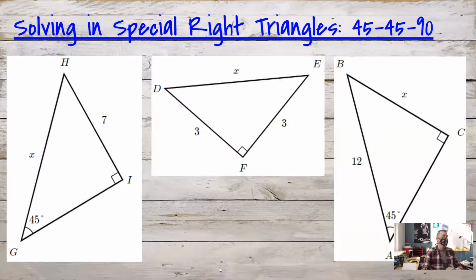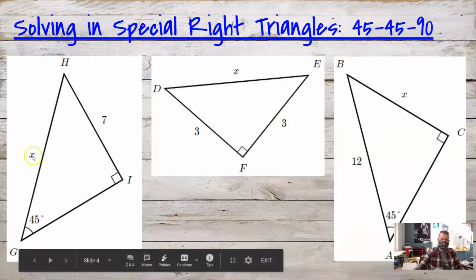And guys, if you get stuck on which one it is, can the hypotenuse be twice the length of the leg in an isosceles triangle? No. There's no chance. It would lay down, and it would not be isosceles anymore.